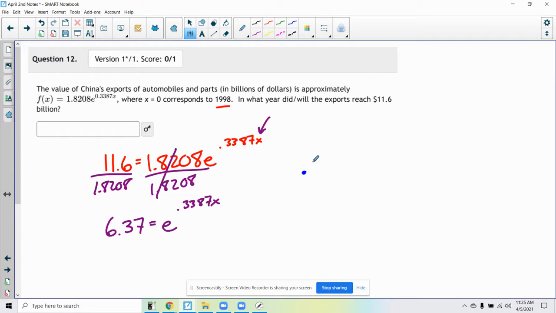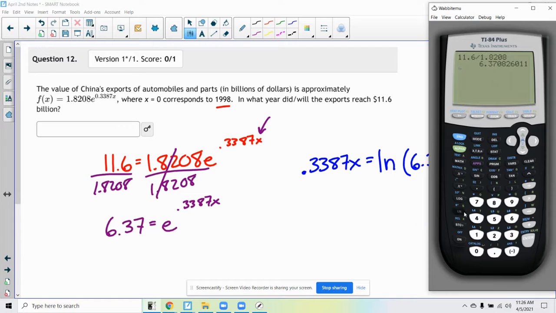Exponent goes to its own side of the equation, 0.3387x equals log base e, which is the natural log, that's ln, of 6.37. I can find that in the calculator, ln of 6.37. So I get 0.3387x equals that, divide both sides by 0.3387.